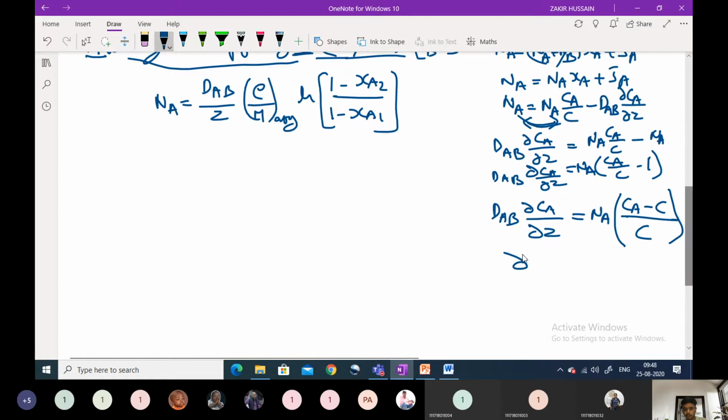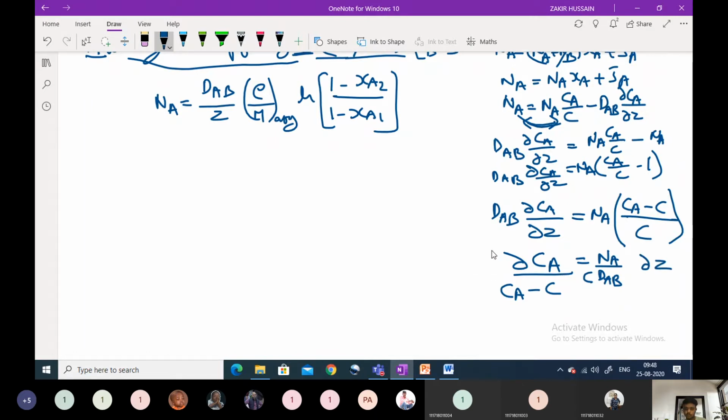So you can separate the variables. Dou Ca is equal to Na by DAB. We can bring this Ca minus C to the bottom, so Ca minus C, and here the left-out is C. Na by DAB into C, and here will be dou Z. We can integrate this one because a derivative is there.